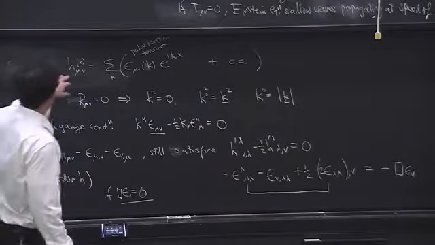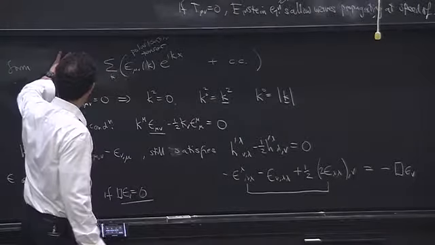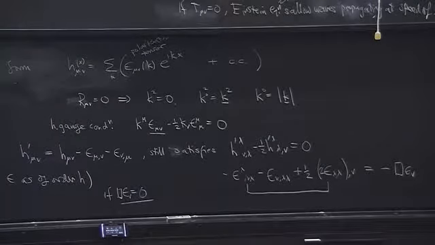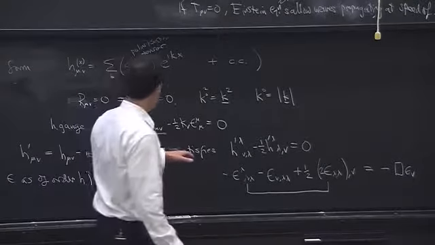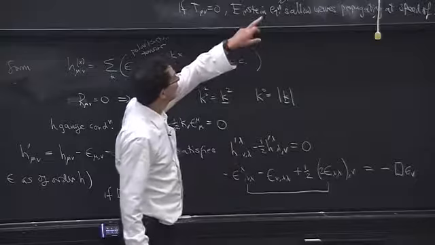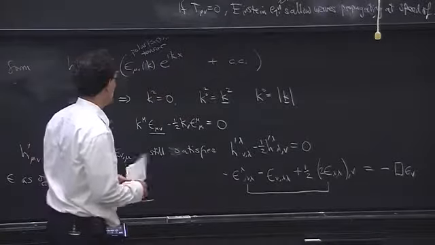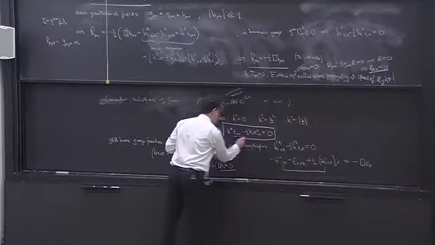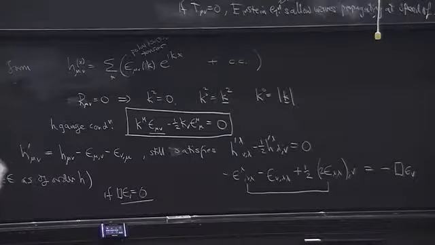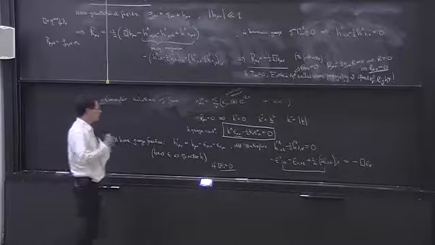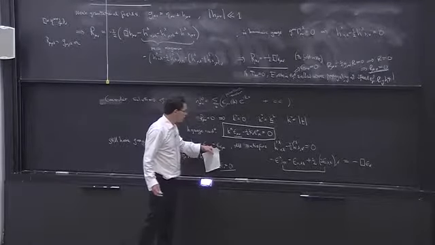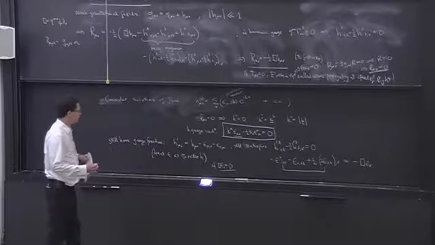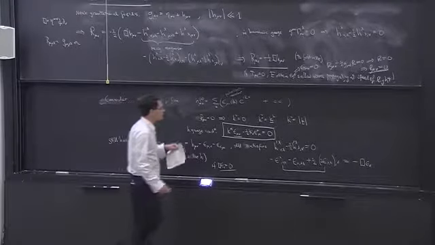The general solution of the wave equation for h mu nu is of this form, where epsilon satisfies this harmonic gauge condition. But I'm still free to do a coordinate transformation, with the coordinate transformation being epsilon mu.